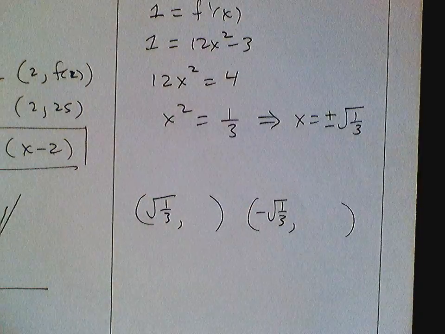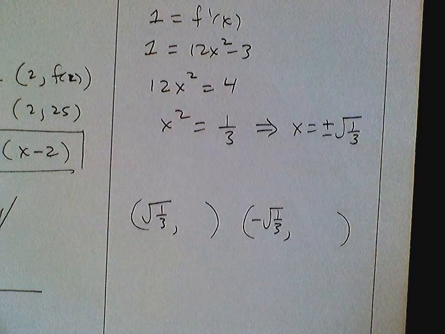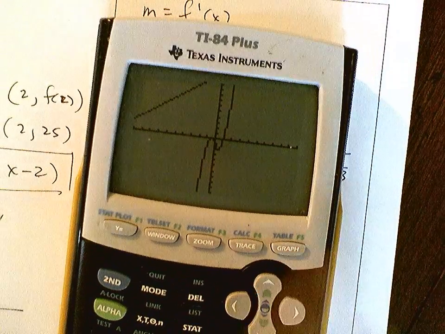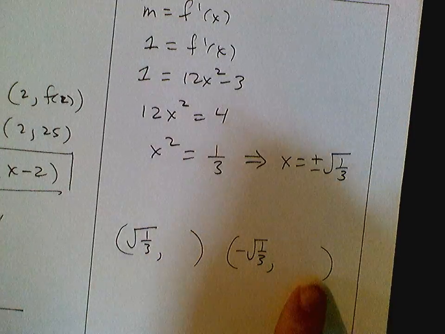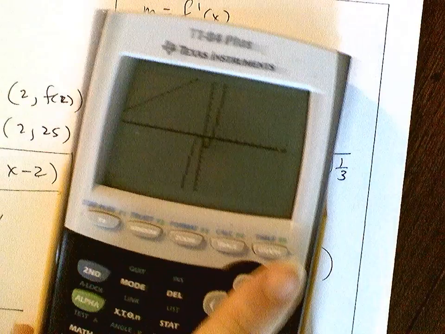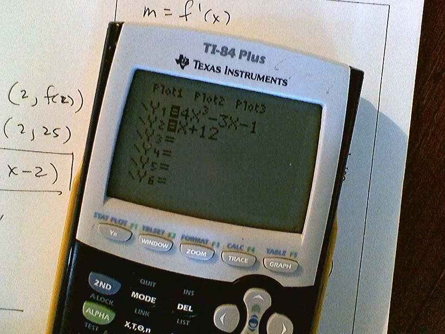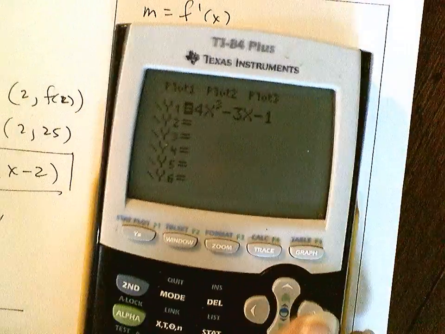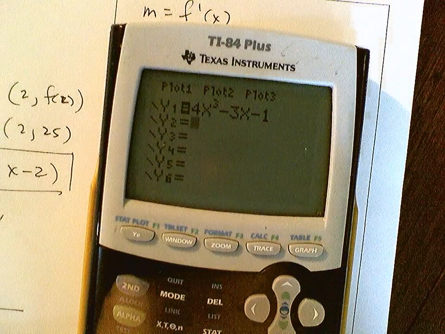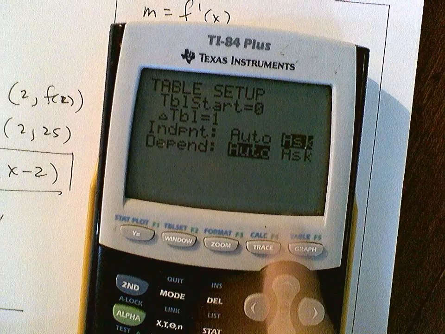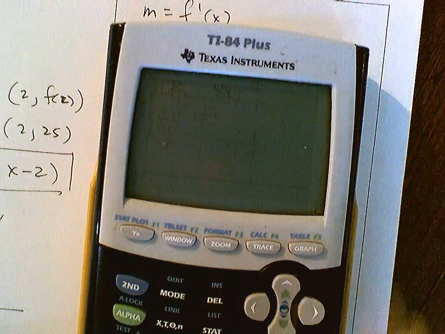I'm going to use table ask here. I need to plug these back into the original function. So I'm going to go back to y equals, and I'll erase this line so it's not in my way. Then I'll go to table set, which is on ask, and now I'll go to the table.